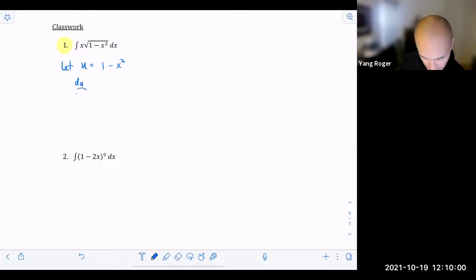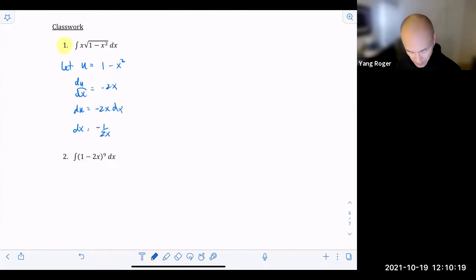I get du dx is equal to, the derivative of 1 is 0, the derivative of negative x squared is negative 2x. And I can solve for dx, right? du is equal to negative 2x dx. This makes dx equal to negative 1 over 2x. So when I make my substitution, I pray all my x's cancel out.